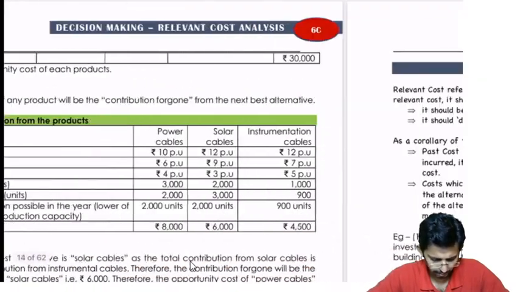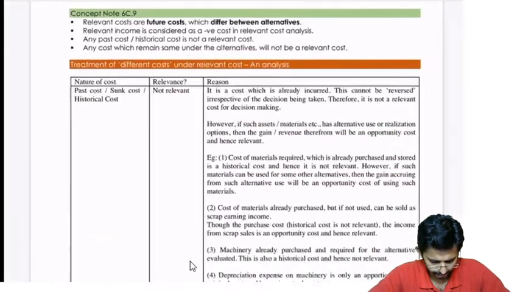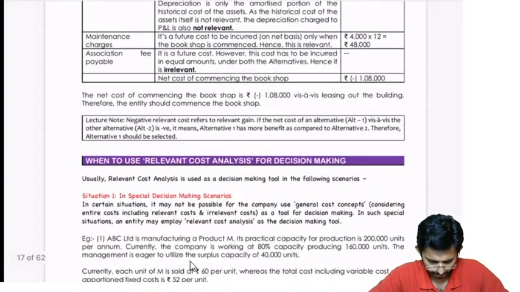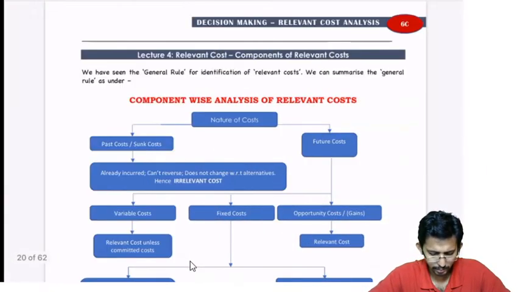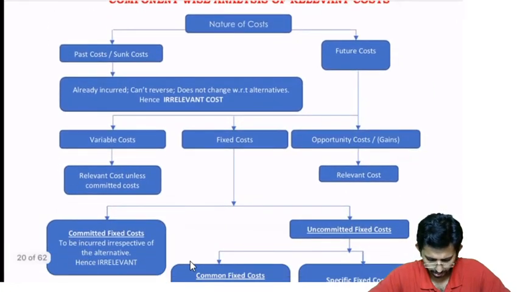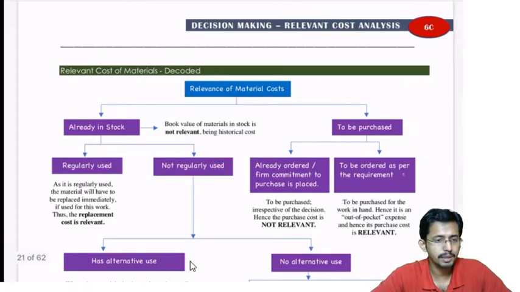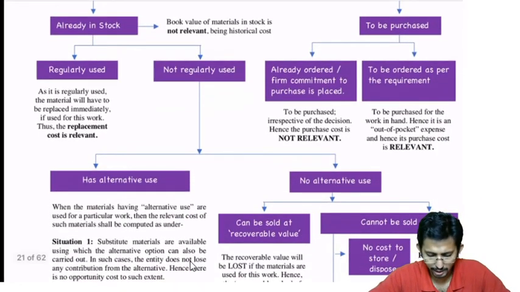Opportunity cost, relevant cost. We have taken it one by one. Decision making, then when to use relevant costing. Component-wise analysis of relevant cost, nature of cost, one by one we have taken. It is there in the material. Then relevance of material cost. Each component is taken and analyzed for whether it is relevant or not.